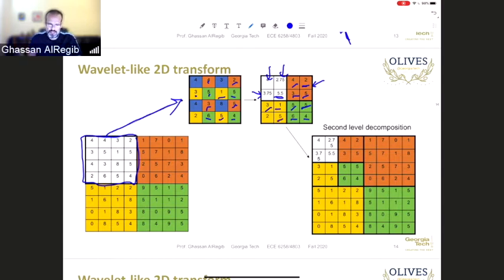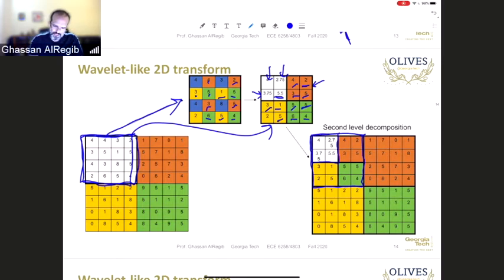These are the details. So now I can replace this whole approximation from level 1 with this approximation from the second level. And now I get this. You see now? So now what do we have? We have this second level decomposition of our original image, where now I have this as approximation, right?